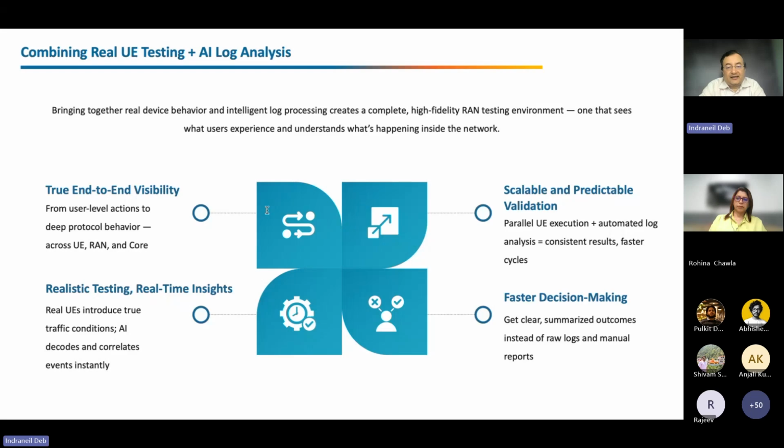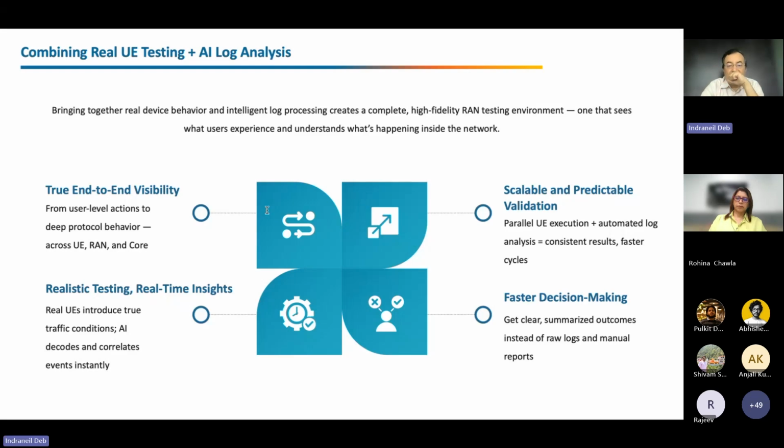The ability to run test cycles faster, and more importantly, the ability to run the same set of test cases multiple times and receive results from a consistent and predictable validation engine renders the entire testing process reliable and scalable.